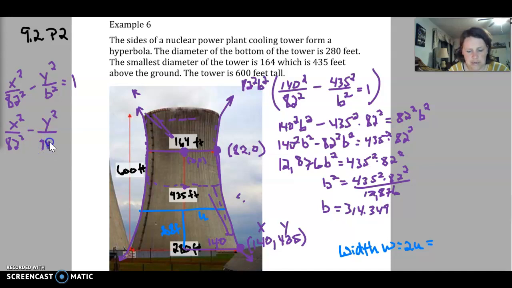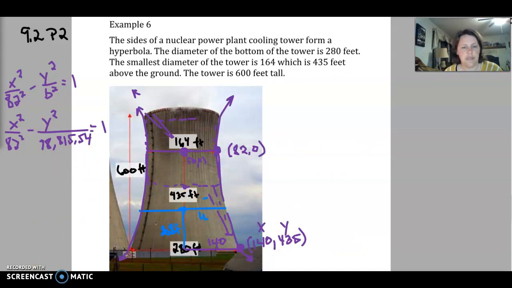We can put in 98,815.54 equals 1. Or you could put it in as 314.349 squared, which is good too. That's a little less to write anyway. Okay, so now we are done with everything on this right hand side. I'm going to erase all of that, and then we will be able to figure out the rest of our answer. I'm going to pause here for a second so we don't run out of time.